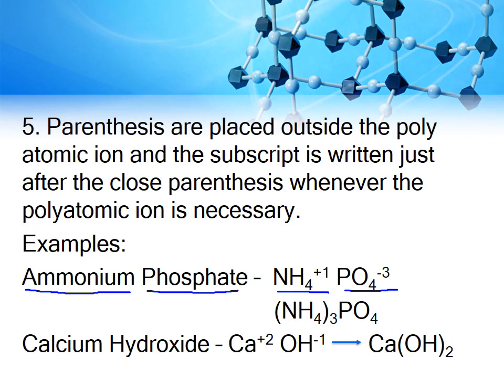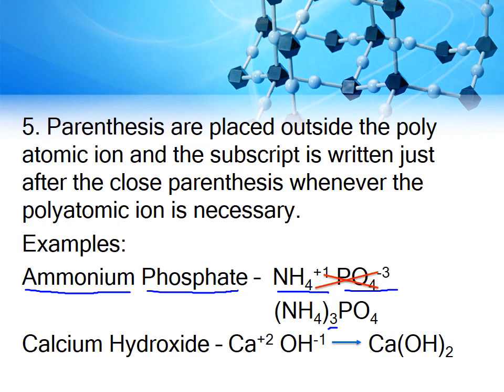So notice that the oxidation states are not equal. So therefore, we will cross it over and we will write it as subscript. So since we are dealing with the polyatomic ion, and that is NH4, we will then use open and close parentheses before putting the subscript of ammonium, and that is 3, which came from phosphate.